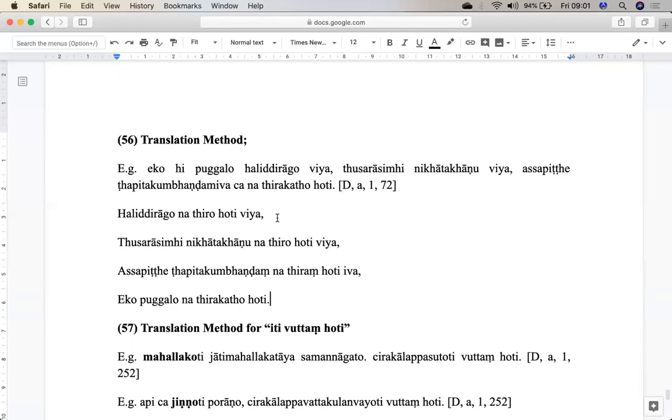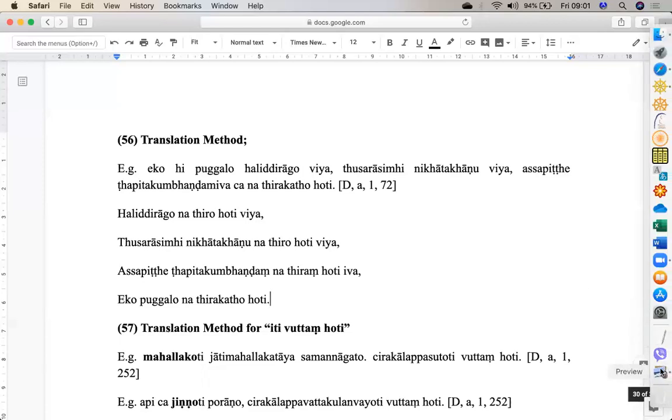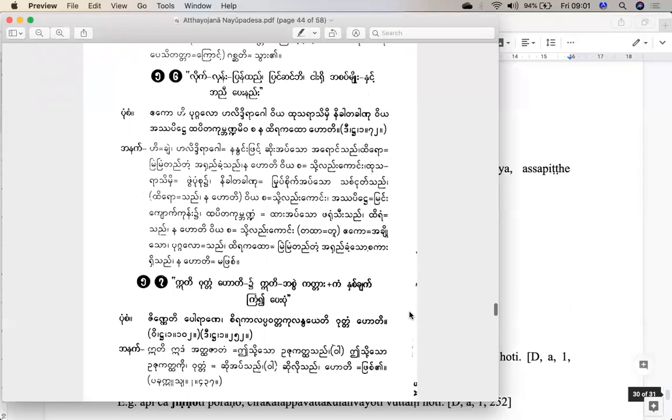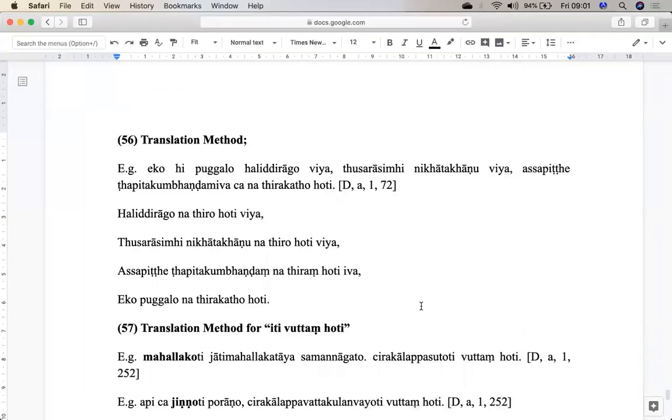And tusa rasemi and nikada kanoya, a stamp or a pole installed on the hebo husks, also not stable. Gombanda means pumpkin, sorry. Tabida gombanda means pumpkin.